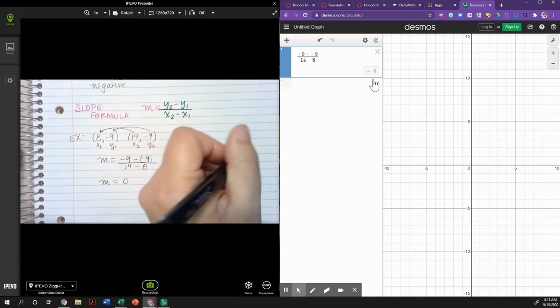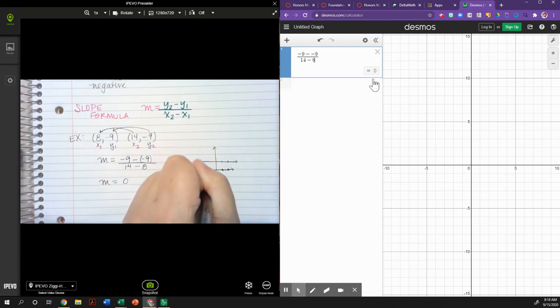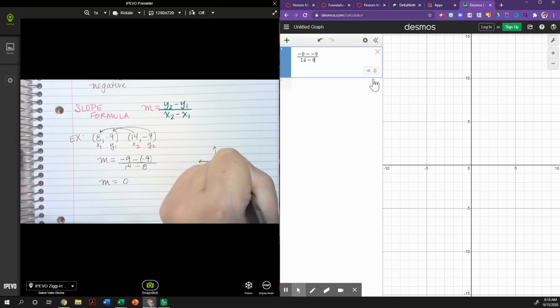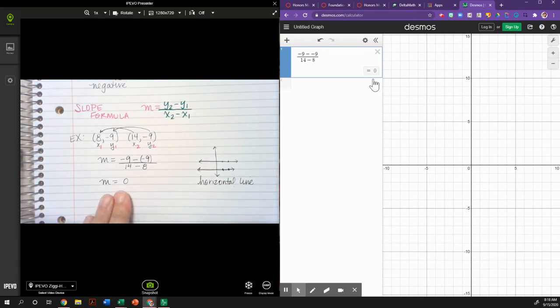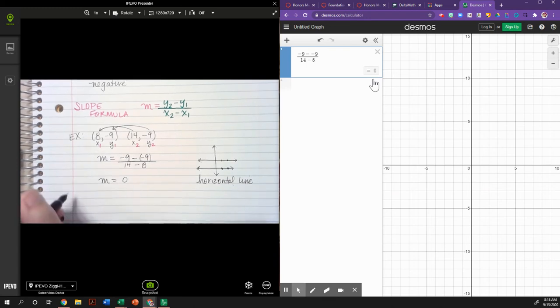When you have a horizontal line, your slope will always be 0. So don't panic if you get a slope of 0. All right, let's go to another example.